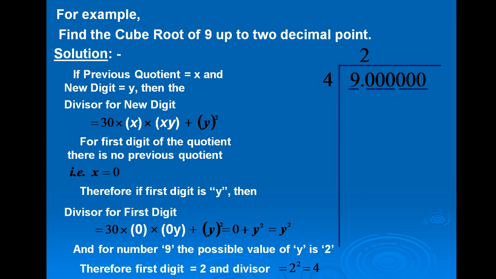Now 4 into 2 becomes 8. Subtract 8 from 9, we get 1, and bring the first pair of 3 zeros down, we get the new number 1000.